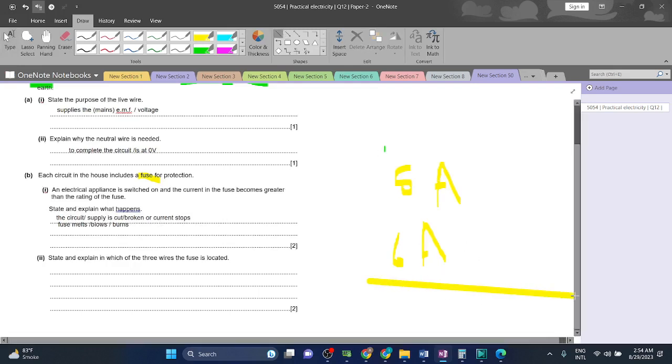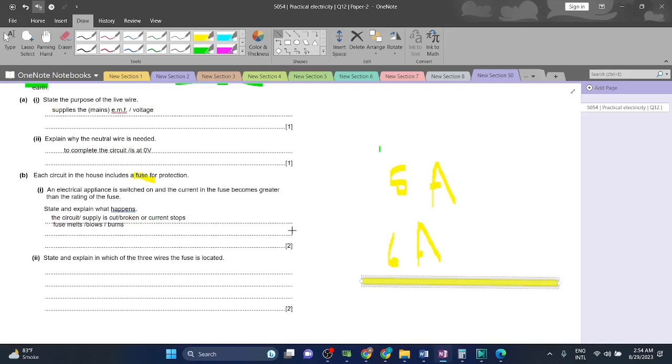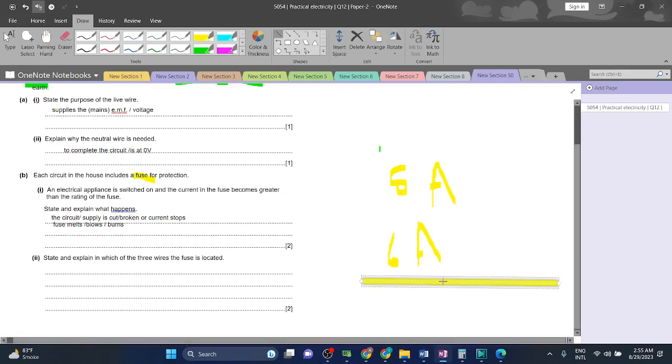All the main things like the switch, the circuit breaker or the fuse will be connected in the live wire, because that is where all of the voltage is passing through initially, right? So all of the switches, the circuit breakers and the fuses will be connected in the live wire.